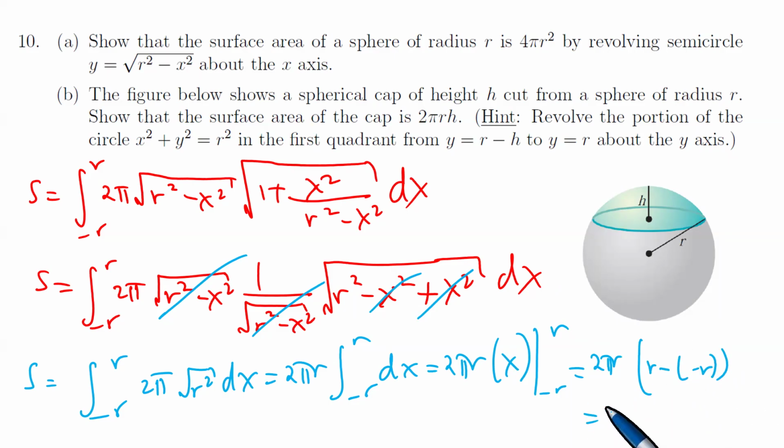Now you're getting the surface area is 2 pi, then you have R plus R, because negative times negative is positive.